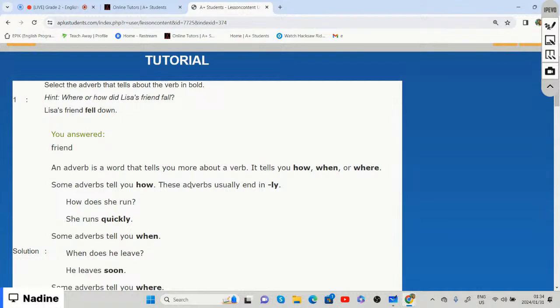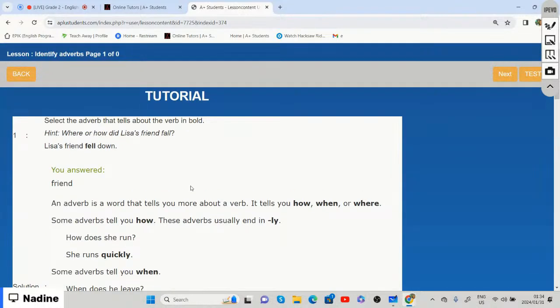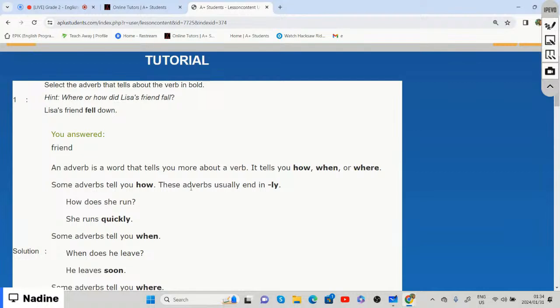All right. So we're going to identify and also select adverbs. An adverb is a word that tells you more about the verb, an adverb, or another adjective.